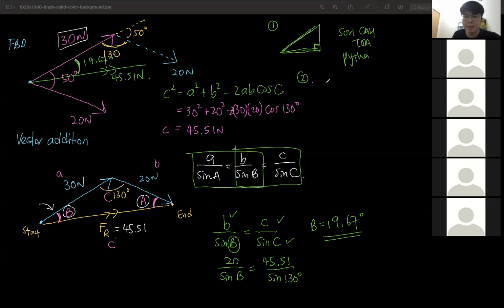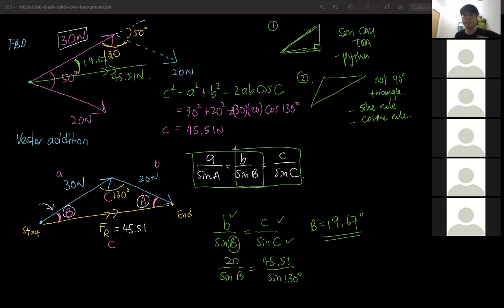Second is when you get a not 90-degree triangle. How do we solve it? We solve it using the sine rule and the cosine rule.